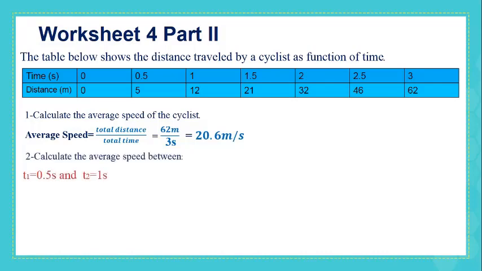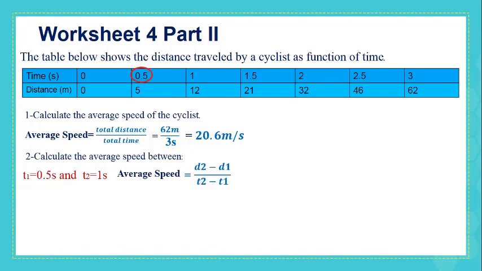Number 2, calculate the average speed between instants t1 0.5 seconds and t2 1 seconds. To calculate the average speed between two instants, we use the formula (d2 minus d1) over (t2 minus t1).